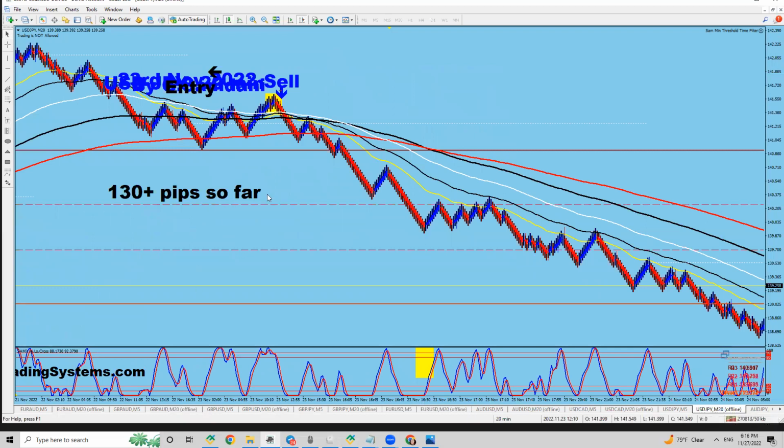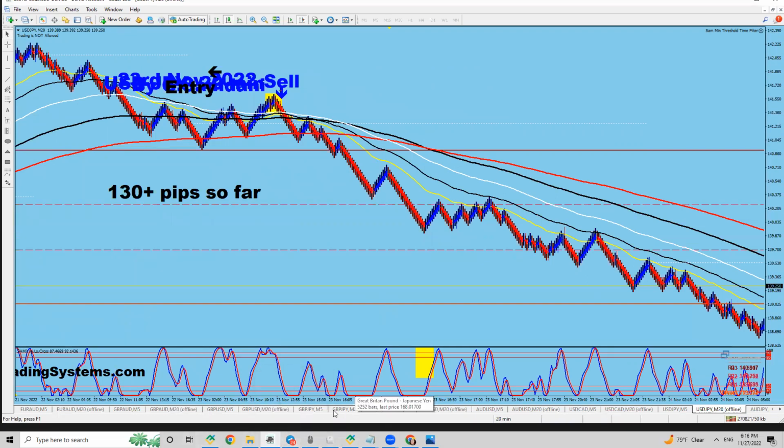So 9 o'clock, UJ on 23rd, right there, right? So you can see the entry right there, and how much? 130 pip trade from there to there. And the next, GJ long, the same time, right?